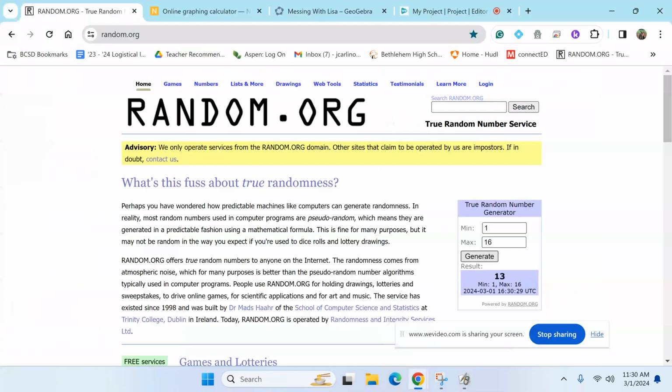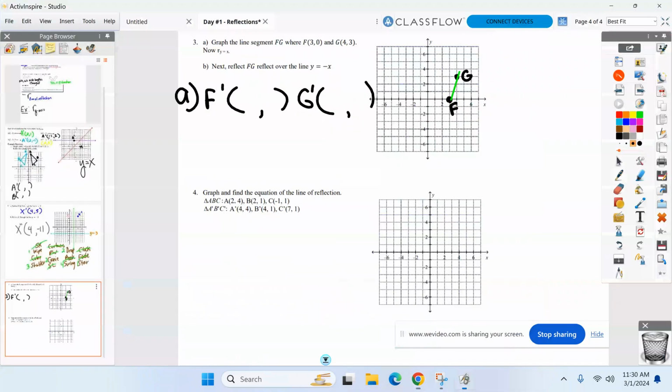Here we go now. Ksenia, what do we have? Go ahead. You want to show off? 0, 3. And 3, 4. Yep. Just flip the coordinates. So if I graph that one, 0, 3 up here, F prime, G prime 3, 4.